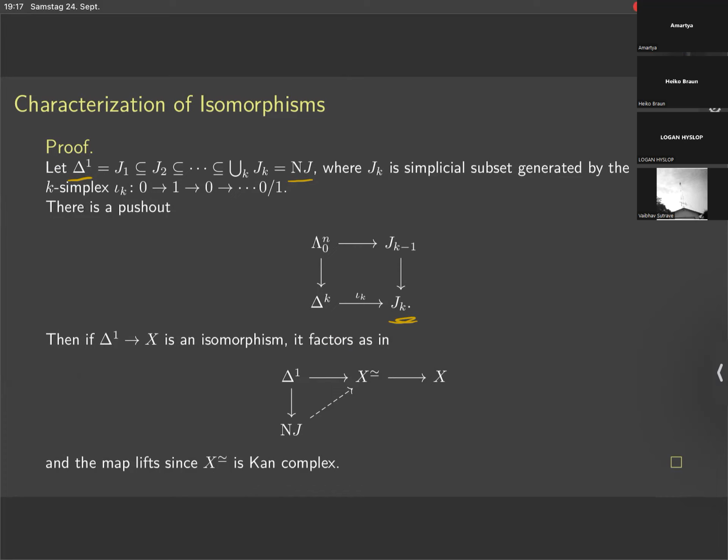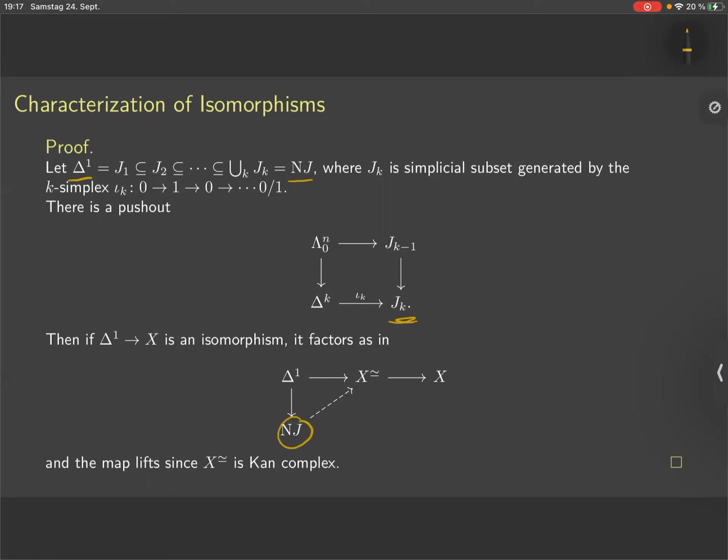And now if this edge delta 1 to X is an isomorphism, it will factor through the core by definition. And because the core is a Kan complex by Joyal's splitting theorem, we have that it actually factors now also over Nj, which is what we want to prove.